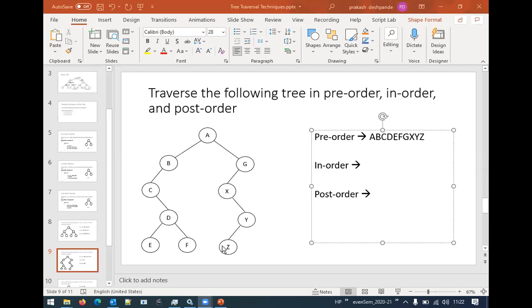If I write plus AB, prefix operation, and if I write AB plus, postfix operation. Do you recall this? The concentration here is on the operator. If I place the operator in the middle, infix. In the search technique, try to apply. If I keep the root in the middle, in order traversal.